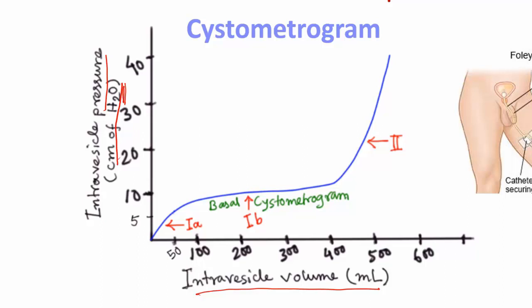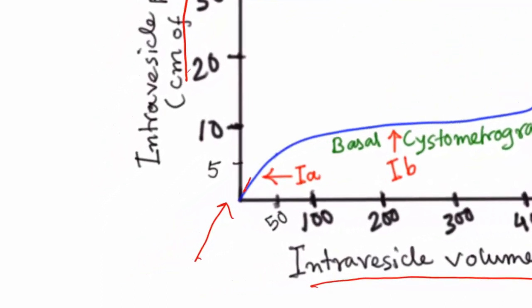So at first, when we infused 50 ml of normal saline, the pressure rises, and this is 50 ml of normal saline. It is called phase 1A.